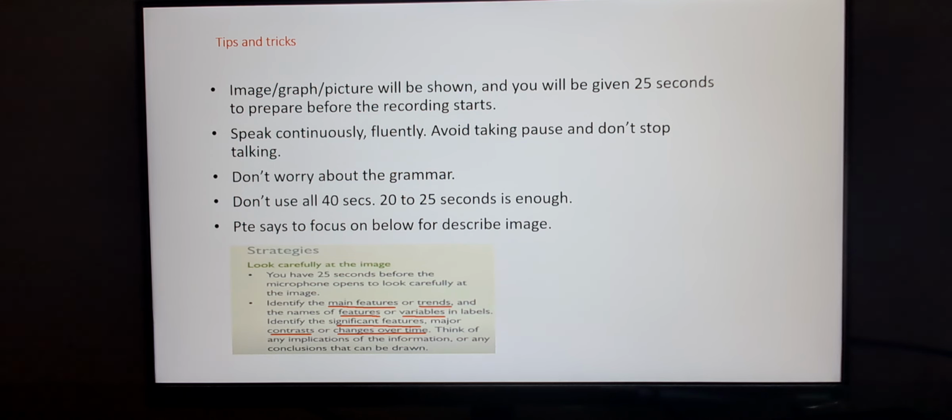So what PTE is saying is that you need to understand the image, their trends, the ups and downs, the increase or the decrease, the change over the years. So all these things they want you to say, right? Because they want to test your English skills.